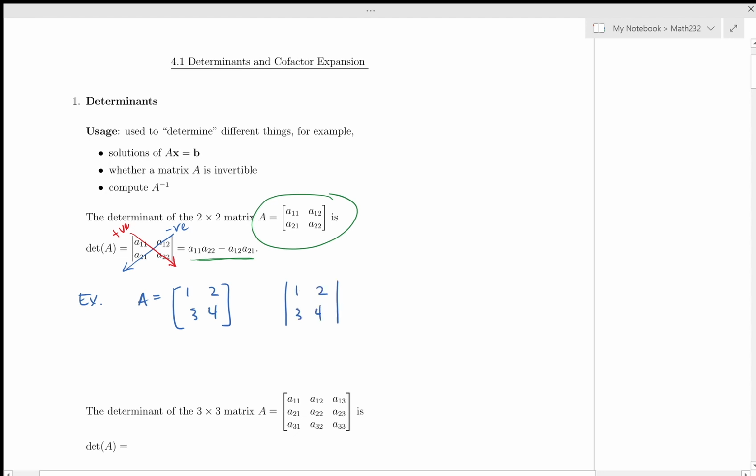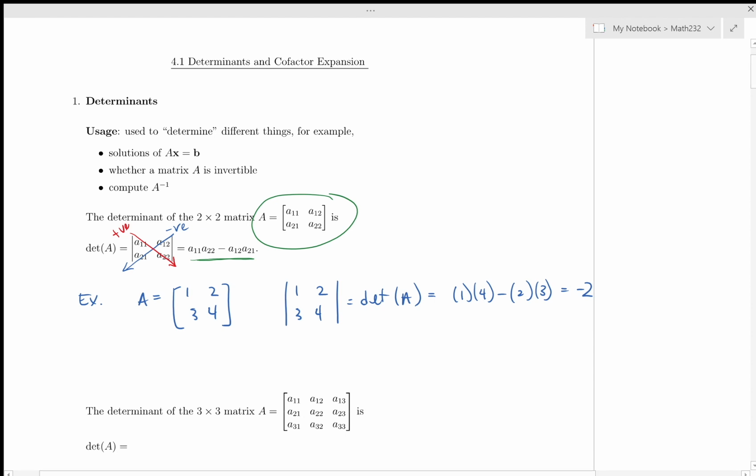Notice the bars are straight bars looking like absolute value signs. That means the same as determinant of A. We calculate 1 times 4 minus 2 times 3, and that is minus 2. So the determinant of A is minus 2.